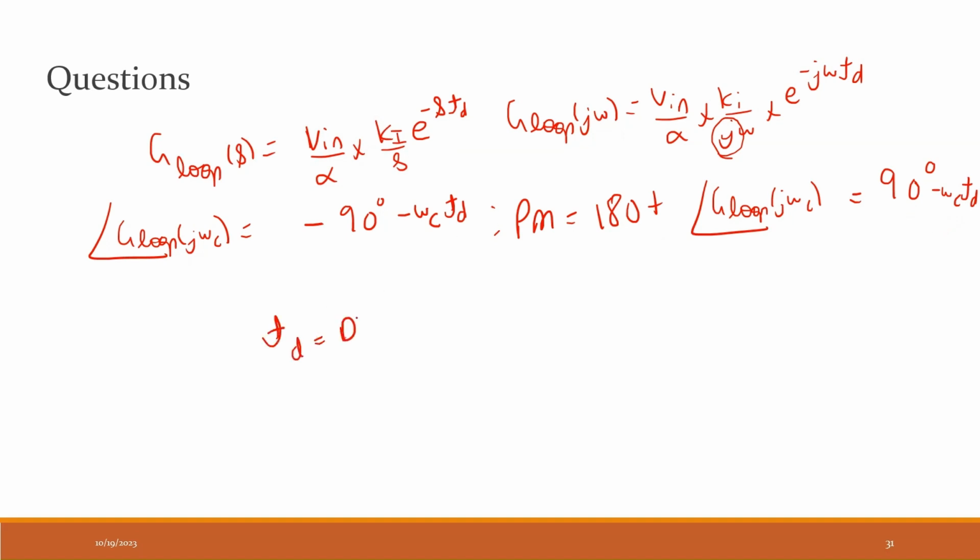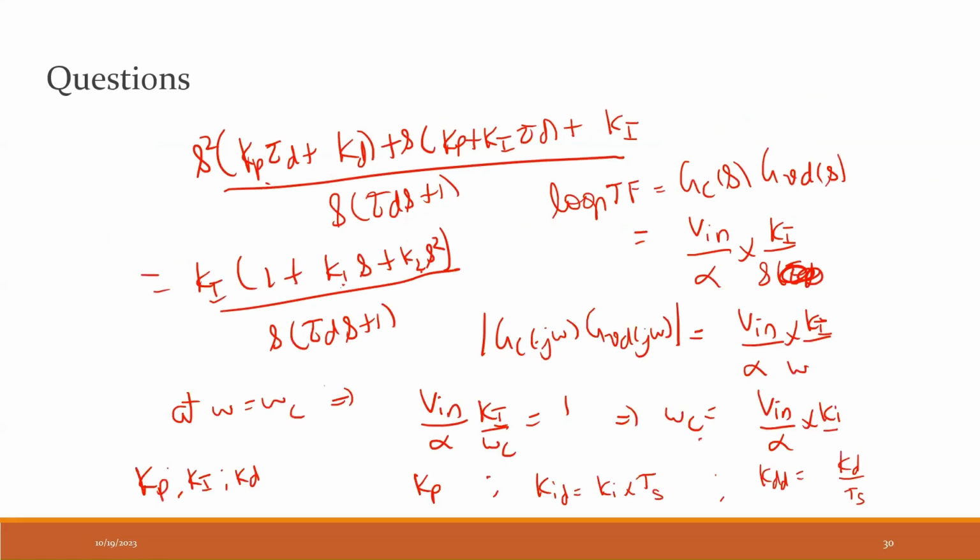It is my duty ratio into the time period plus the delay due to my ADC, the sampling delay, that is 0.2 microsecond. So you substitute the values and then you will get the phase margin and everything. Okay, so are there any queries in this?